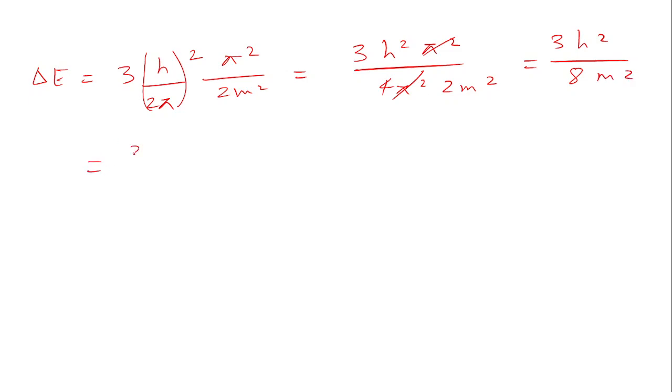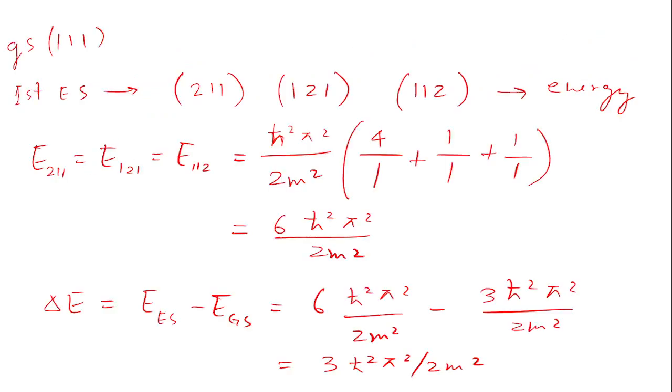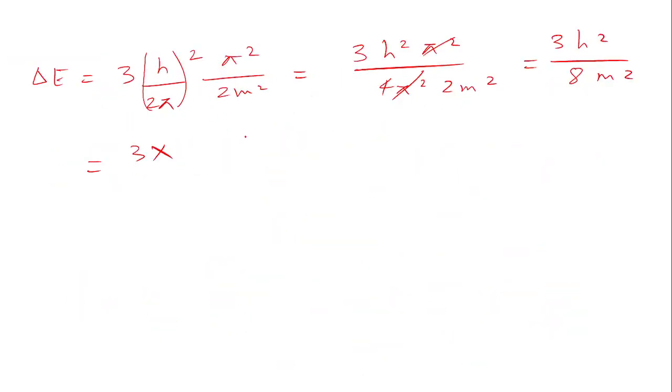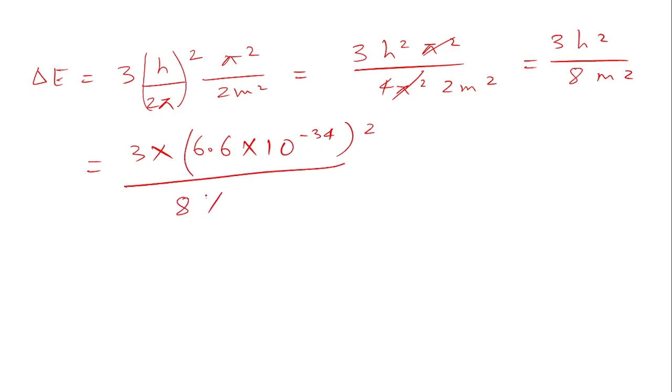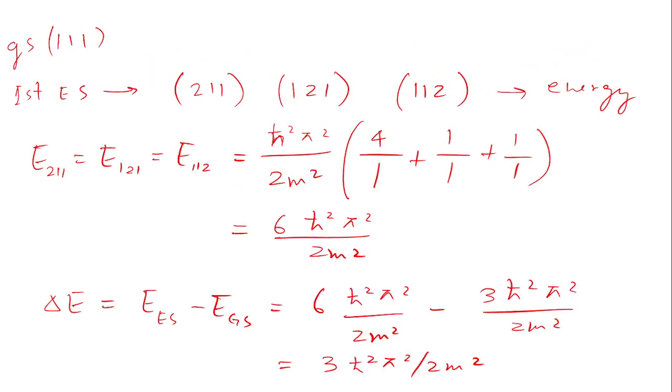When we substitute the values, 3 times 6.6 10 to the power minus 34 joule second, and square of it divided by 8 times mass of particle, which is electron.